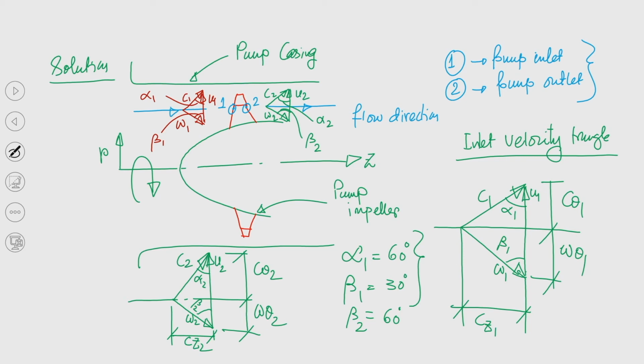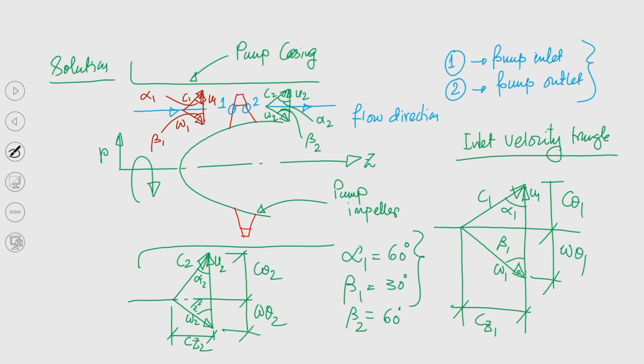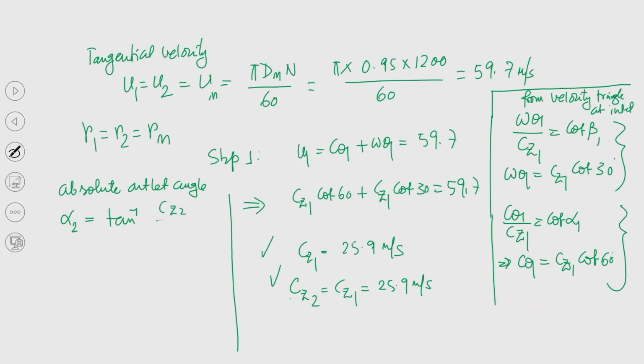So, from the velocity triangle at the outlet, alpha 2 equal to tan inverse Cz2 by Ctheta2. Cz2 we know, we have to calculate Ctheta2, which is very important. How can we calculate Ctheta2?